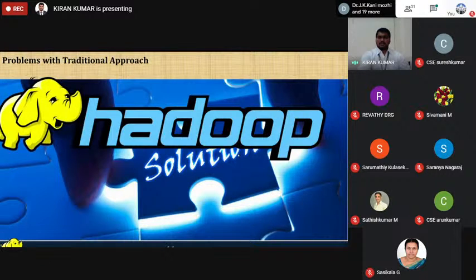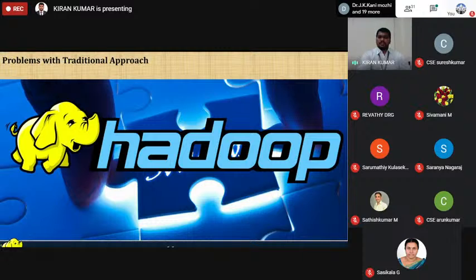The solution is Hadoop. Hadoop itself addresses all these three problems. When I say the storage part, the heterogeneous part, and the accessing and processing, all these three problems which we classified broadly can be addressed by the framework Hadoop.